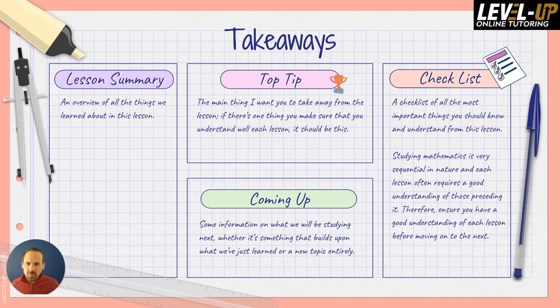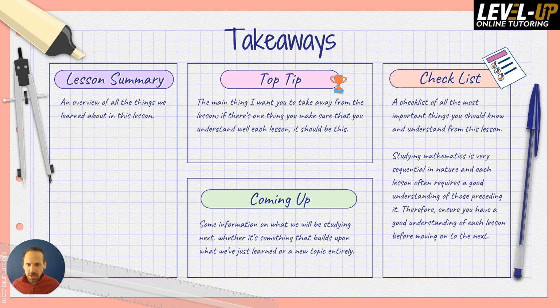And then we finish up on this slide each time, which has the key takeaways I want you to take away from the lesson. So we have first of all the lesson summary, just a quick summary of all the things we've learned in that lesson. We have the top tip, which is the main thing I want you to take away. So if there's only one thing that you really make sure that you understand in that lesson, I want it to be this.